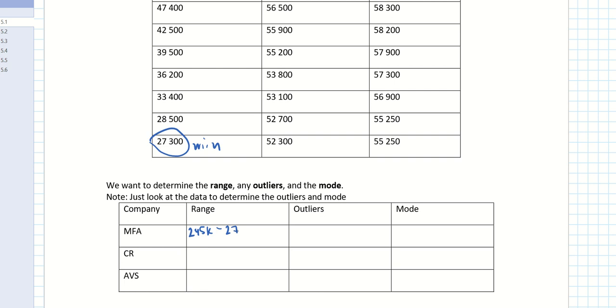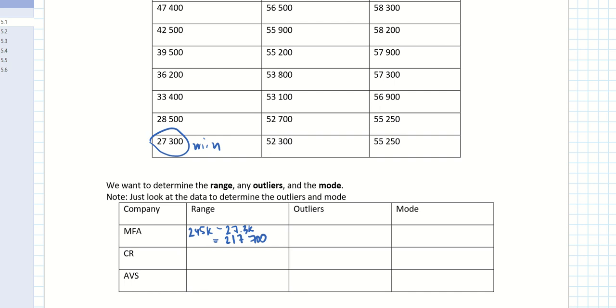Our answer here is going to be our range value. So we have 245,000 minus 27,300. We get 217,700. That's going to be our range for the first company.